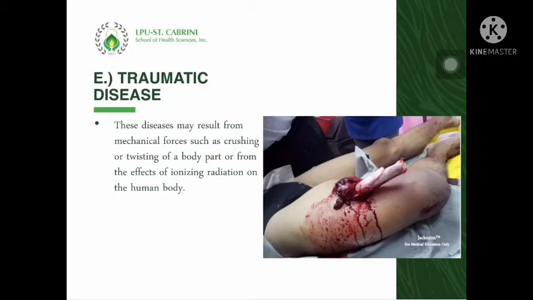So, mga example ng traumatic disease, paano natin malalaman na may traumatic disease yung patient? Siyempre, kapag na-fracture yung bone, nagkaroon ng sugat, nagkaroon ng bruise or ng contusion. So, that is an example of traumatic disease. These are from an external force or mechanical force on the external surface of the body.